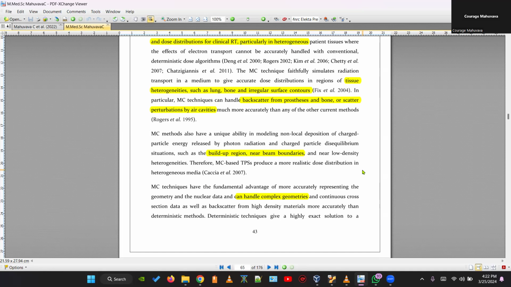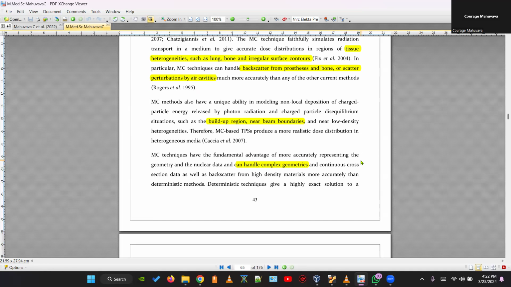And other things that other calculation algorithms struggle with is to simulate dose in steep dose gradients, such as the interfaces I did mention.